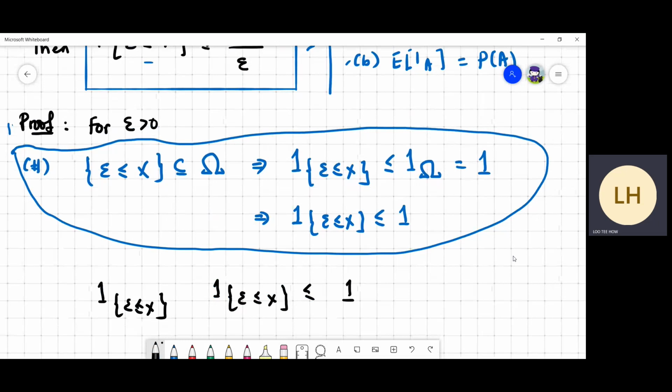If we refer to this event, X is greater or equal to epsilon, then we multiply the first term by epsilon and the second term by X. Since we restrict our discussion to this event, X greater or equal to epsilon, the first term must be less or equal to the second term. And since we have multiplied by X here, we can also multiply X here. So X multiplied by 1 is just equal to X.